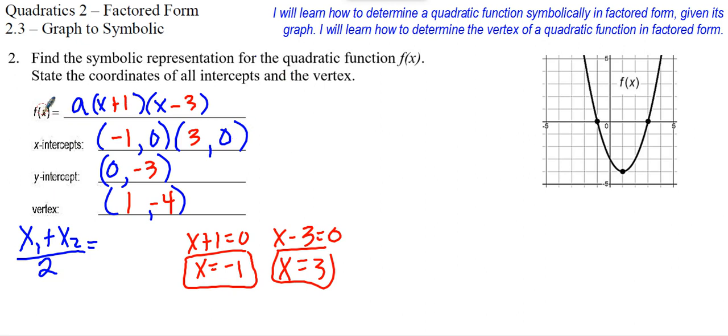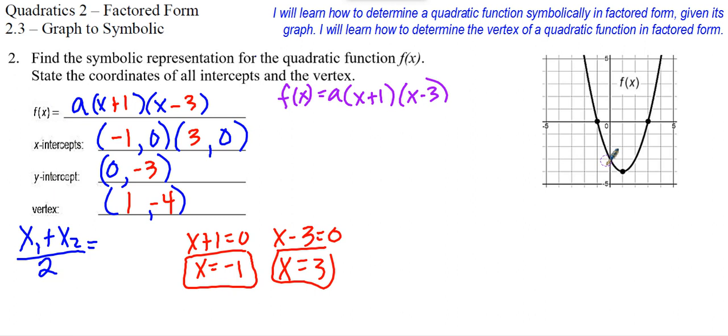Okay, let us solve for our a value. How do we solve that again? We do partial solution, and then we look for, what do we look for? We look for the third point. So I have my x-intercepts, those are my first 2 points, right? And my third point could either be the y-intercept or the vertex. But my favorite is the y-intercept.